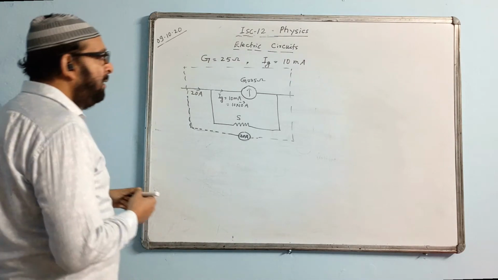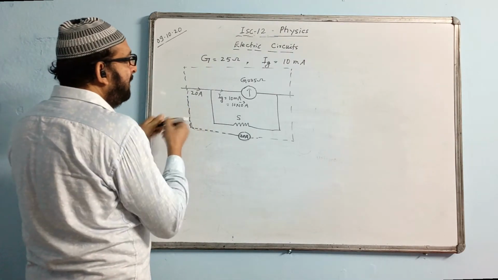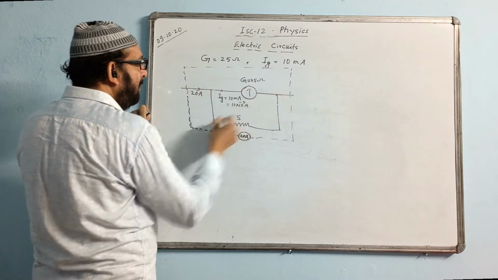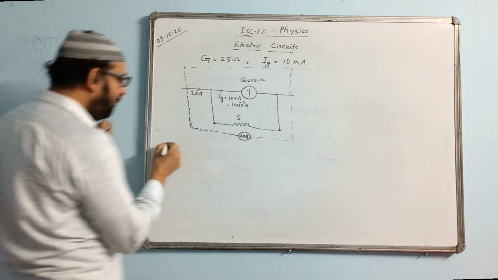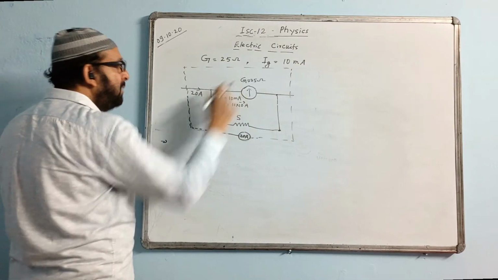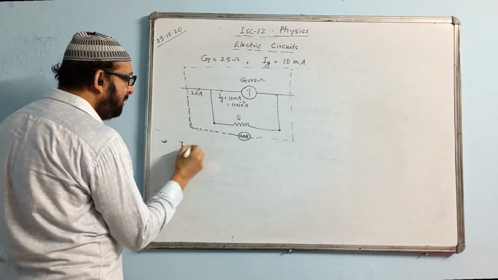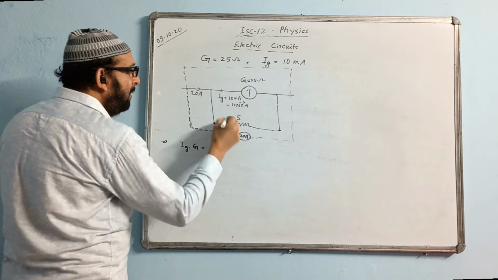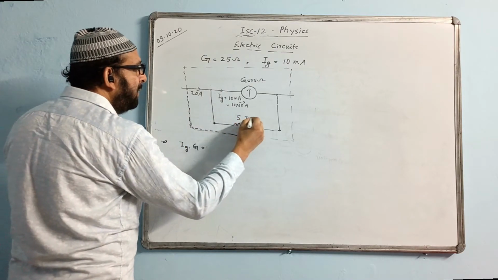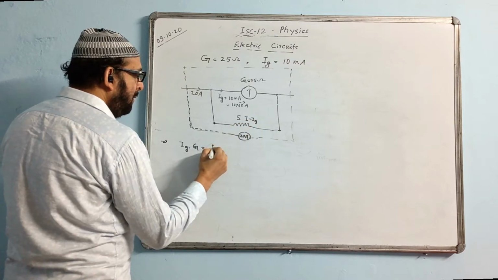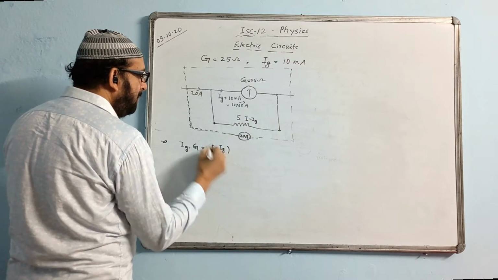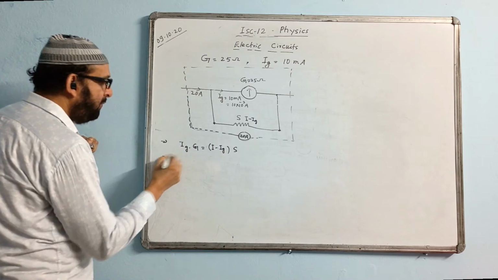Let us check. We know the voltage will be the same. Voltage across this and voltage across this will be the same. What is the voltage formula? I into R, this into this. Here we get Ig into G is equal to, here the current flowing will be I minus Ig, into S. And now find the answer.